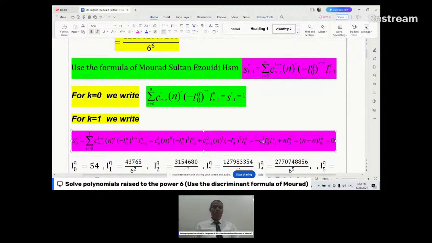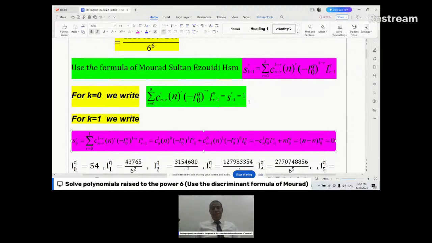Therefore, for any polynomial to the power n, S0 is always 0, and S minus 1 is always 1. Now, learners, at least we figured out the value of S minus 1 of order r and S0 of order r. Now we should find S1, S2, S3, S4 and S5, to write the new polynomial whose x roots we are going to find.